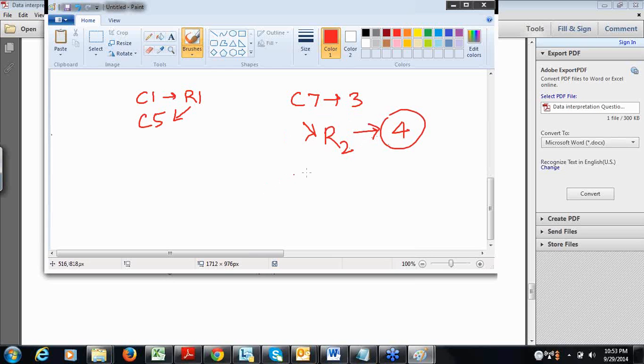So in R2, what all can be possible? C5, C7, C3 and C8.